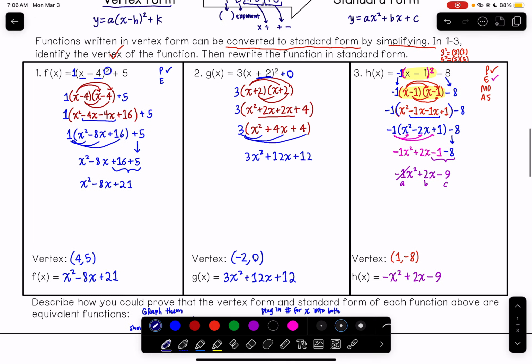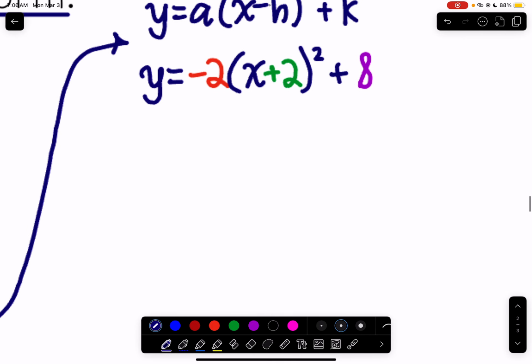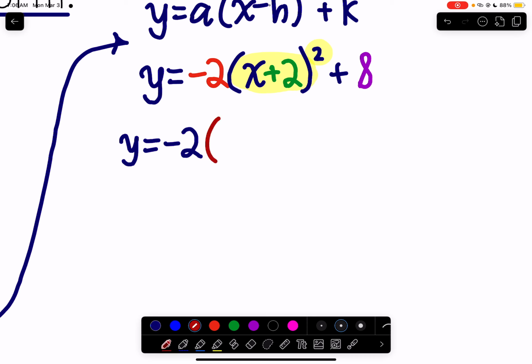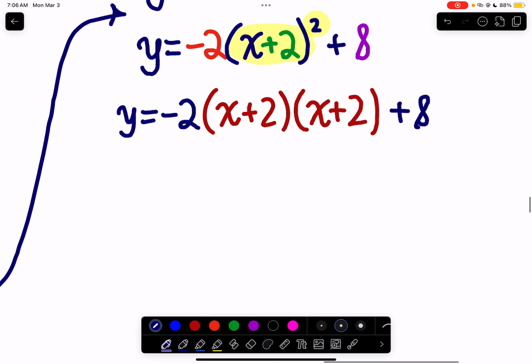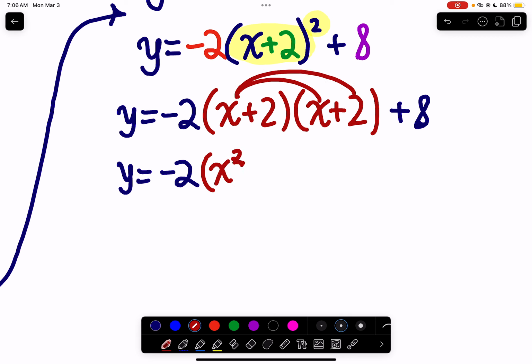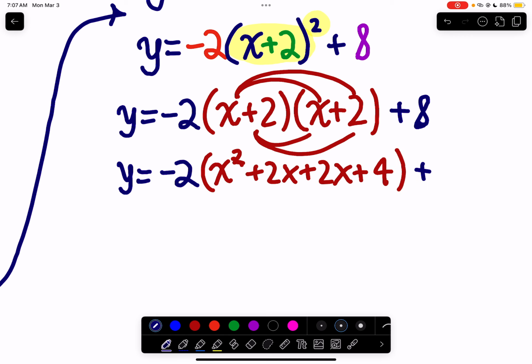Just like in part 2, I'm going to start by squaring this whole thing. So we have y equals -2 times x plus 2 times itself because I'm squaring it, and then plus 8. So y equals -2 times x squared plus 2x plus 2x plus 4, and then plus 8 on the outside still.